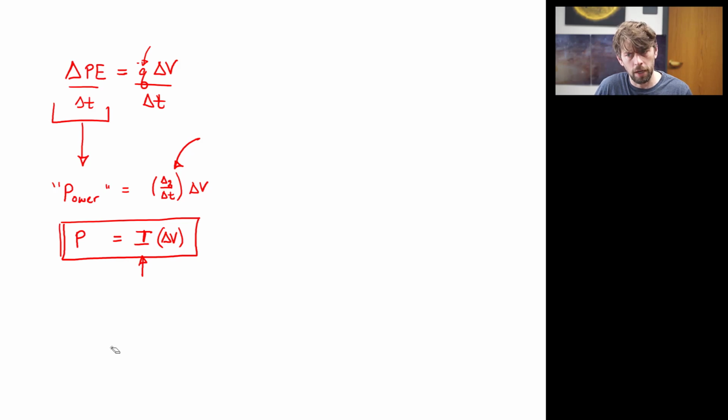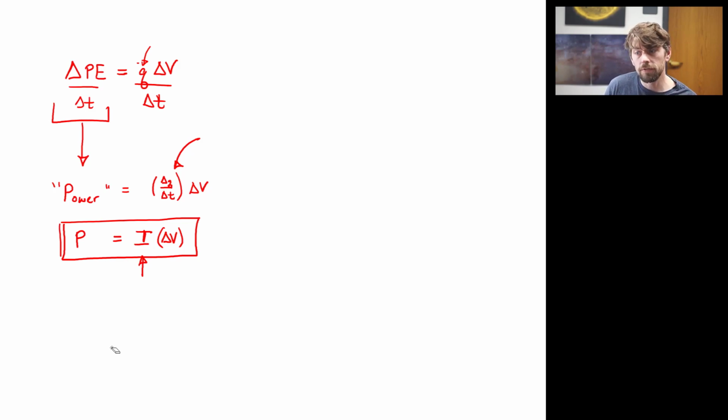I should say the amount of energy per unit time that's being supplied to the circuit. Similarly, a resistor, we could do the same thing here, and that will tell us the amount of energy per unit time that the resistor is pulling out of the circuit.